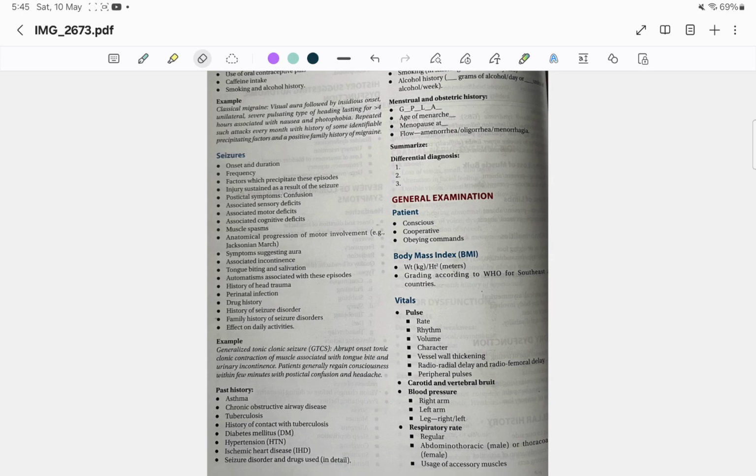Then you have respiratory rate. Male patients will have abdominothoracic respiration and females have thoraco-abdominal. The thing is, in males the abdominal muscles are very well developed and have bulk and mass, so they drive the respiration in males.